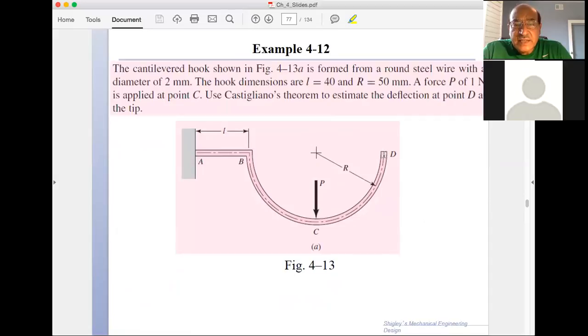If you push here, then D is going to come down, and also move at some angle in the horizontal direction. So suppose that I want to compute the deflection of D horizontally. Where is D going to go on the horizontal axis? What should I do in this case?